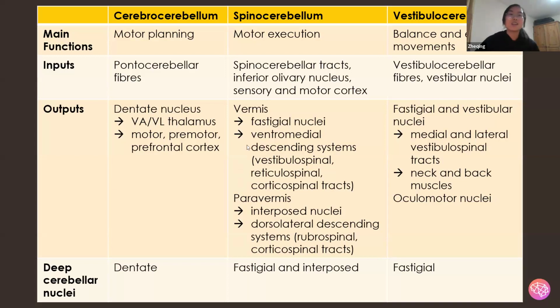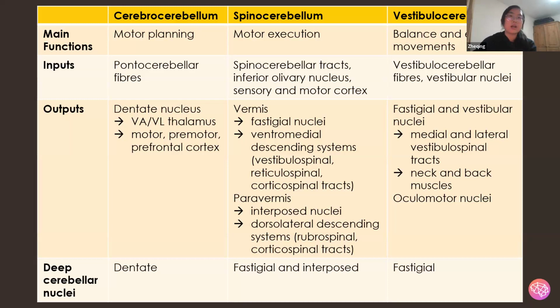So in the cerebellum, there are three parts, and I made this table for myself when I was revising. The functions are not exclusive, but it just helps to differentiate them a bit. And unfortunately, you have to remember the inputs and outputs as part of your neuroanatomy and also as part of this topic.